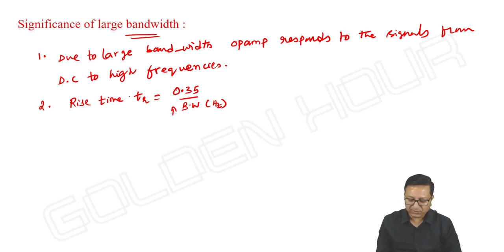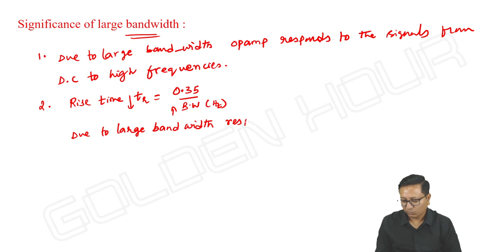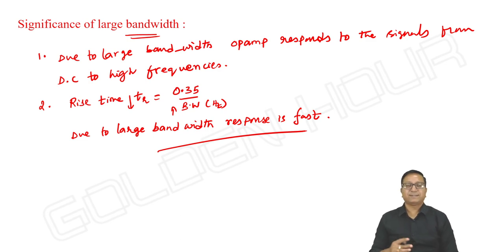If bandwidth is more, rise time will be less, which means as the bandwidth is large, the response is fast. This is the significance of the large bandwidth of an operational amplifier.